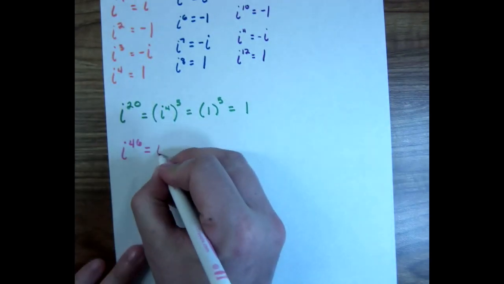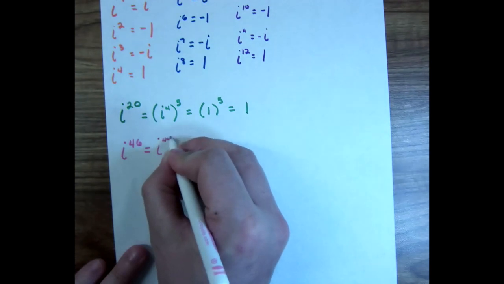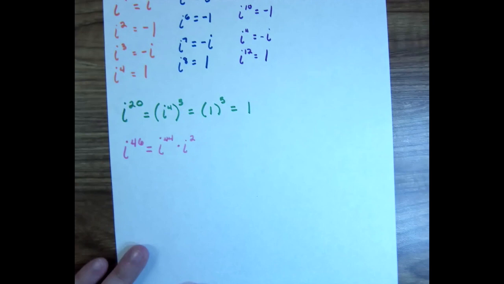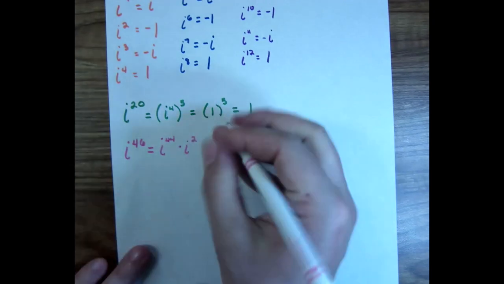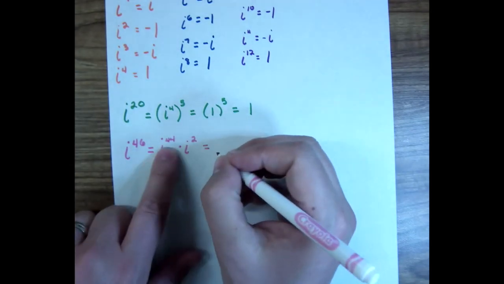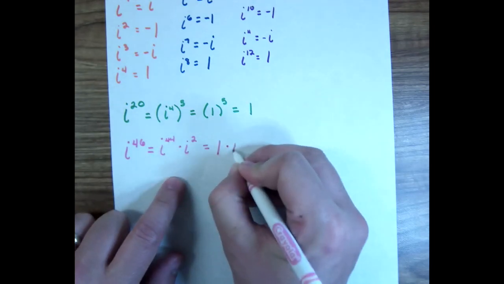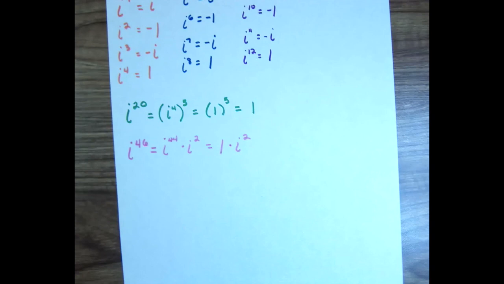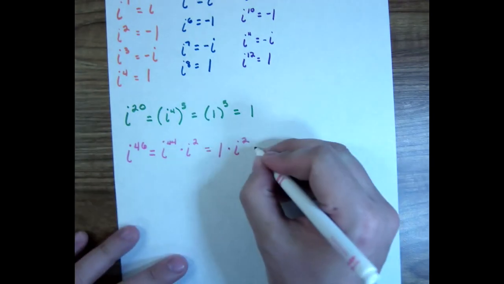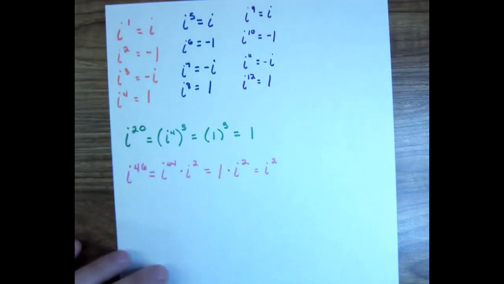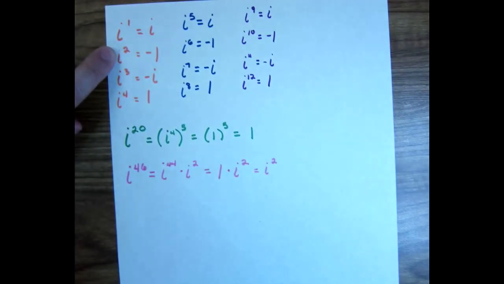So this is equal to i to the 44th times i squared. i to the 44th is 1. Anytime you have i to a power that is a multiple of 4, it's 1. So this is 1 times i squared, which is just i squared, right? And what is i squared? It's negative 1.